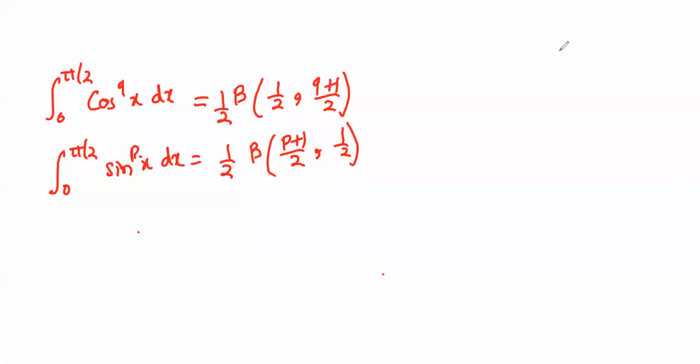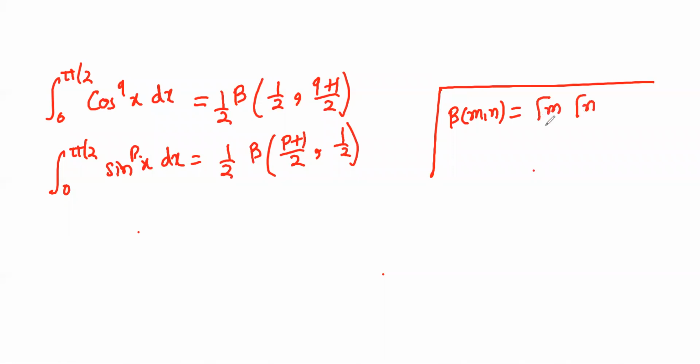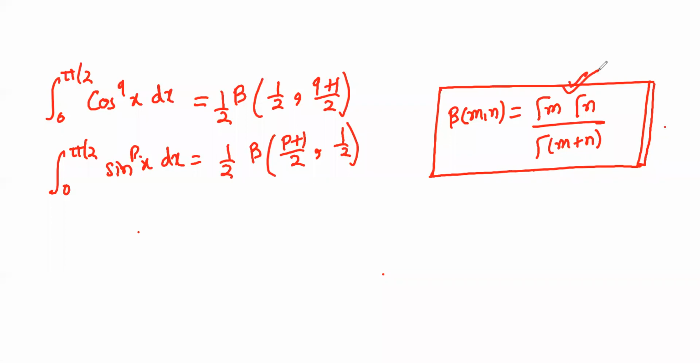Now we have to use one formula, that is beta mn is equal to gamma m gamma n upon gamma (m plus n). This formula you have to memorize. You can derive this also, but here we need to remember it. So can you find out this value in terms of gamma and this value in terms of gamma?